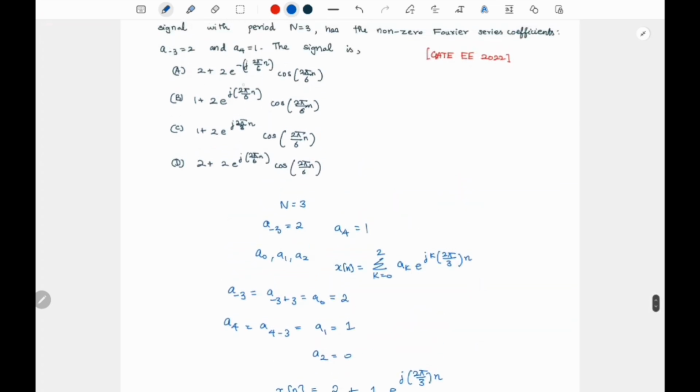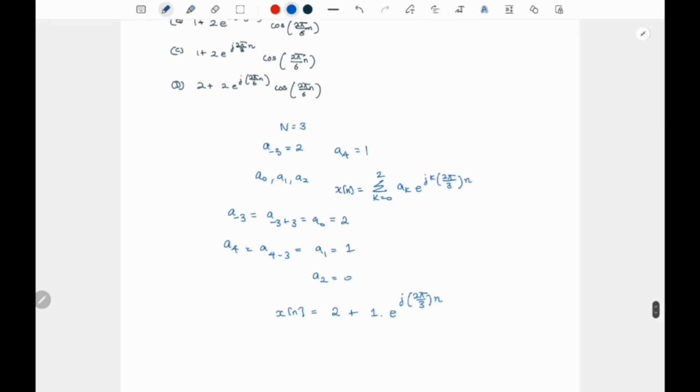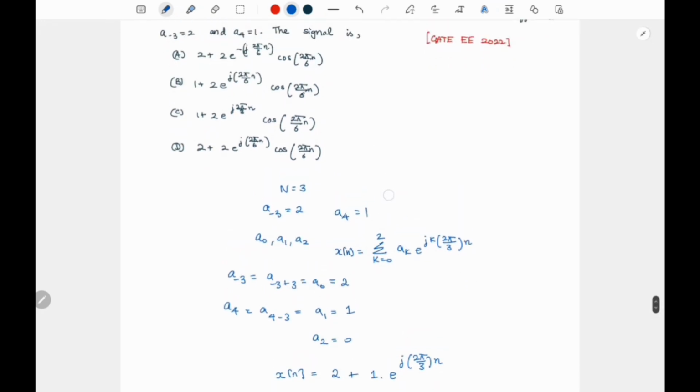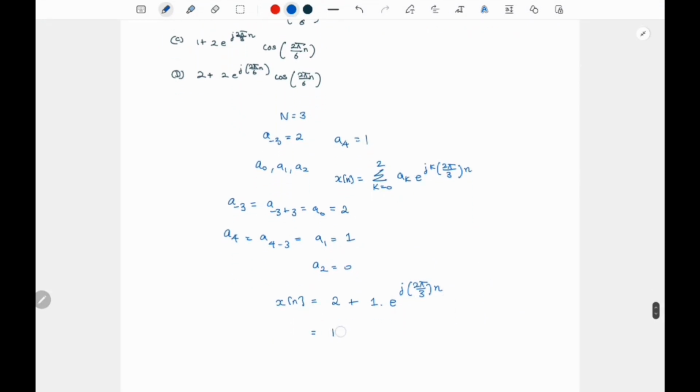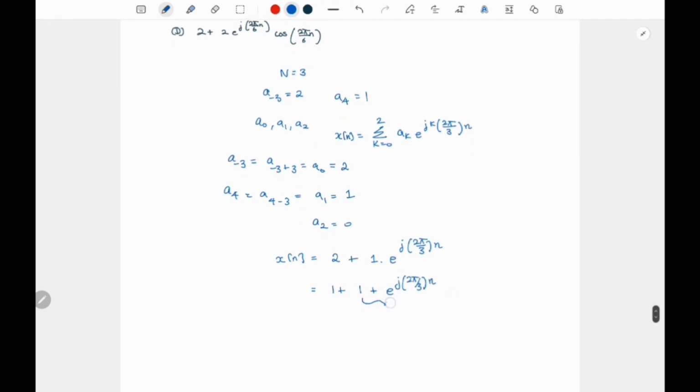But if you see, this is not the expression I need. It is not what is given in the options. So I need to modify this a bit. If you observe, I have cos 2 pi by 6n, but here I have 2 pi by 3. So what I'll do, I'll take 1 plus 1 plus e power j 2 pi by 3 into n, and convert this into cosine form.